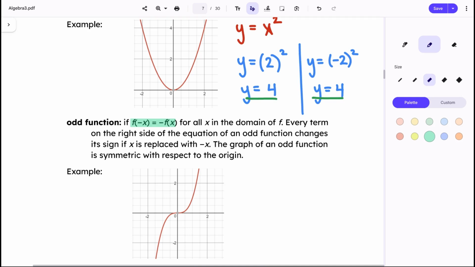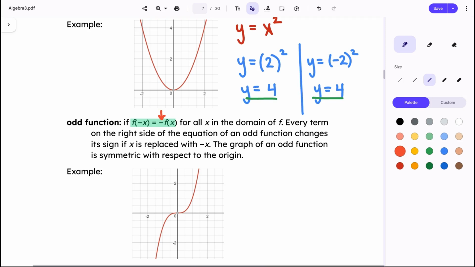So if it's not even, then we would compare the opposite case to just taking the entire function and making the whole thing negative. Notice how they put a minus sign in front of the f of x. So instead of just making the x term negative, they're making the entire function negative.